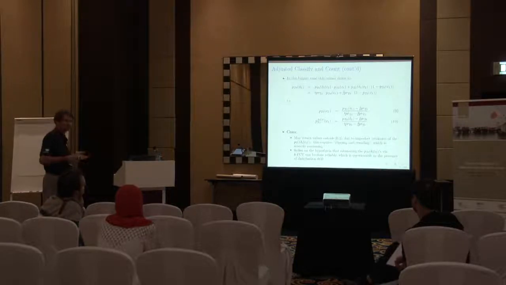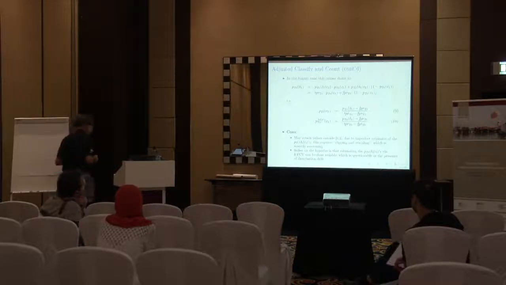Which also goes by the name of the confusion matrix method. This is a reasonably good method because one interesting fact is that you can apply it, as you have seen, to any supervised learning device.